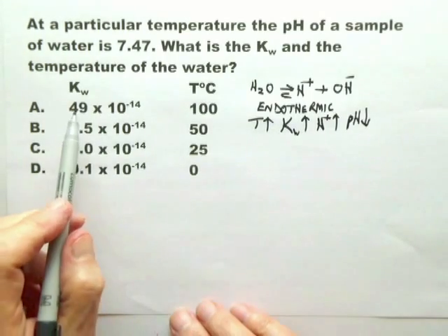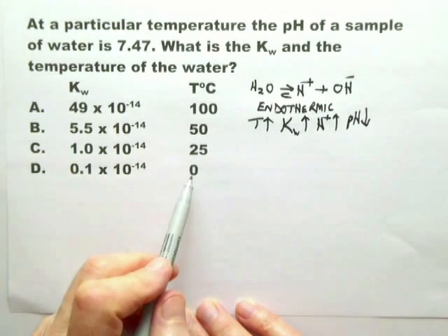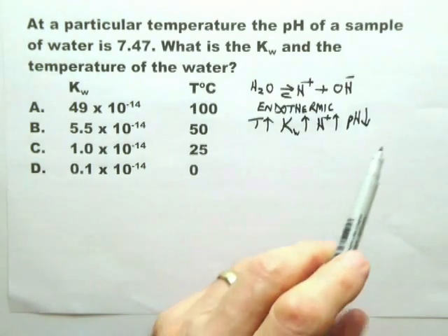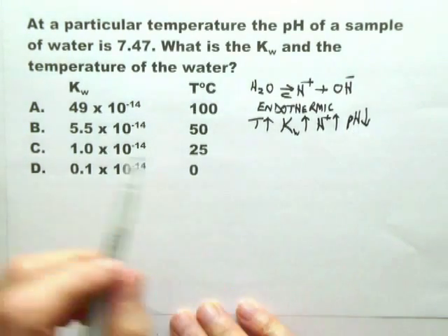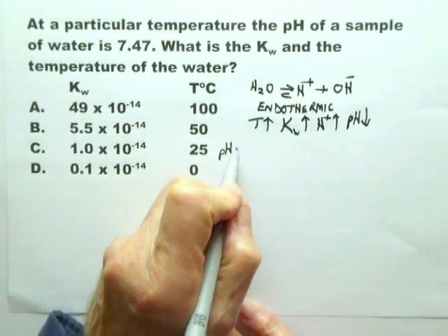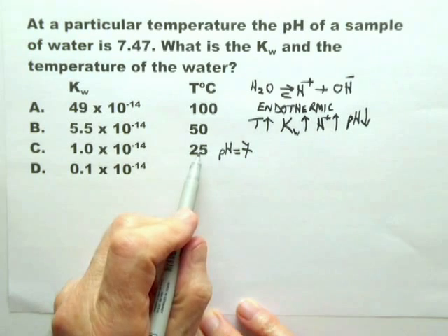Now we go over to this series of temperatures and Kw. As we go up this column, the temperature is rising and the pH is falling. Now we know that this one, the pH equals 7, because that's water at approximately room temperature, 25 degrees centigrade.